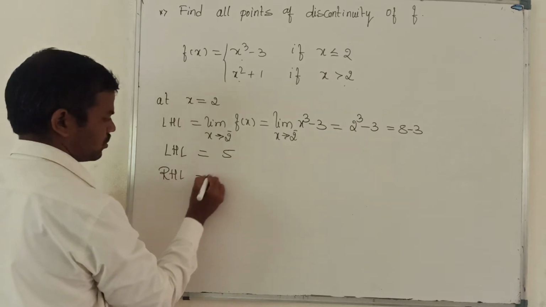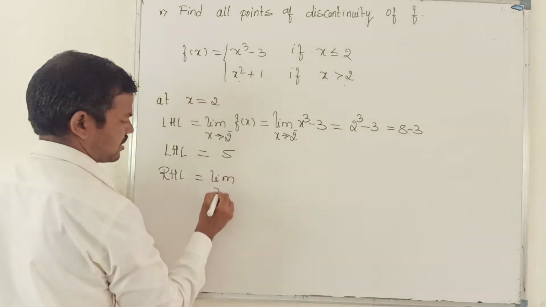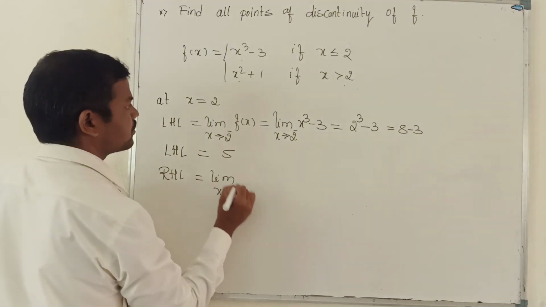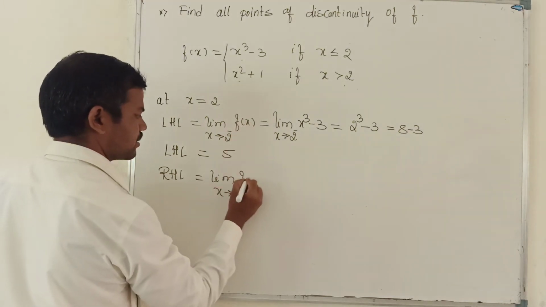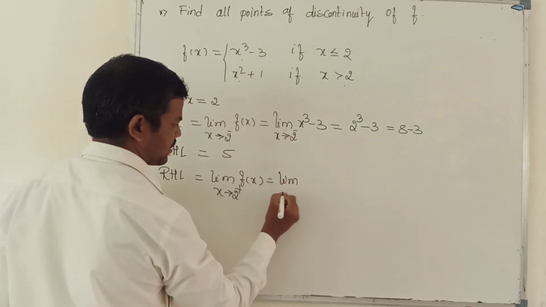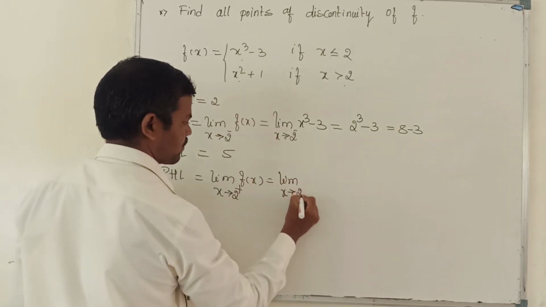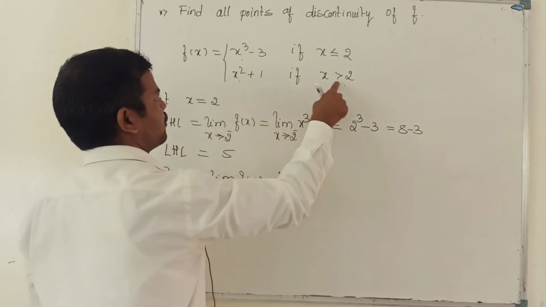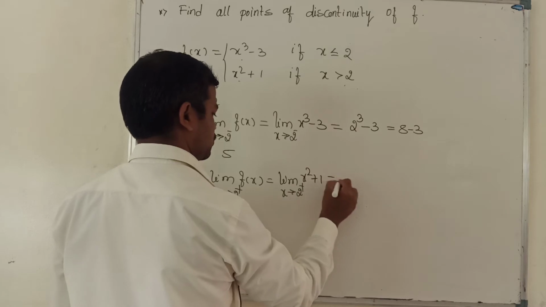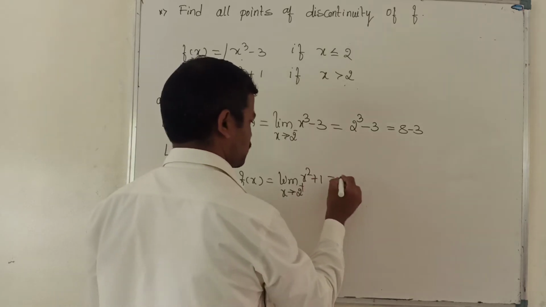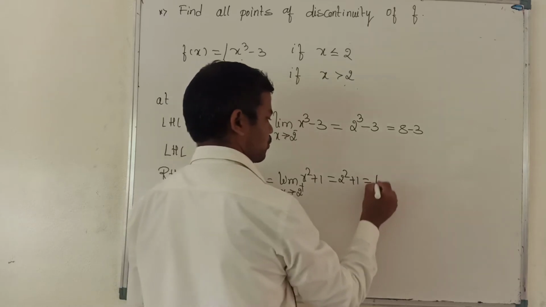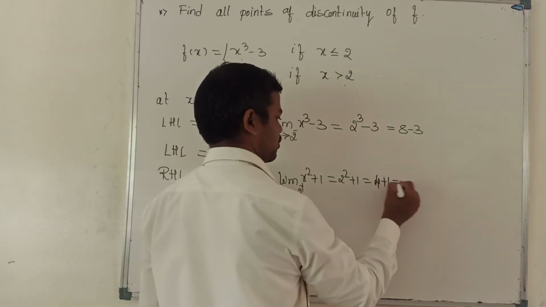Then we will find the RHL. RHL is equal to the limit as x tends to 2 plus of f of x. Greater than 2, we have x square plus 1. Put 2 where there is x: 2 square plus 1. 2 square means 4, and 4 plus 1 is equal to 5.